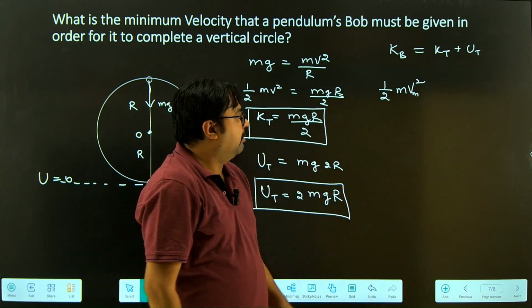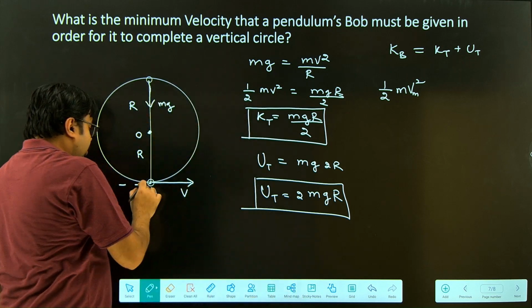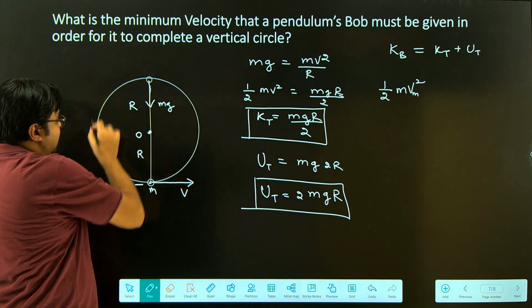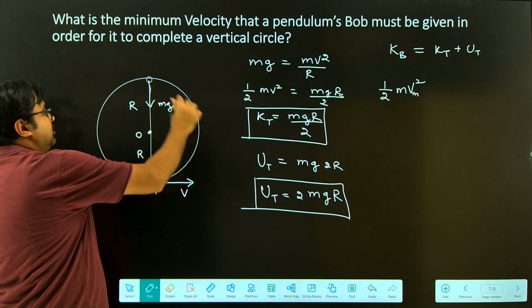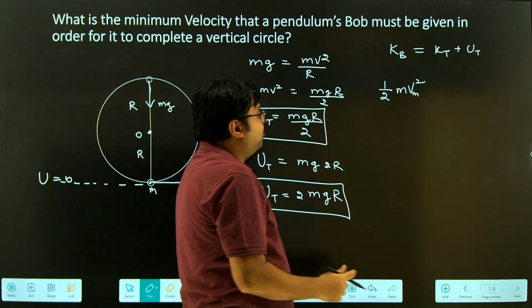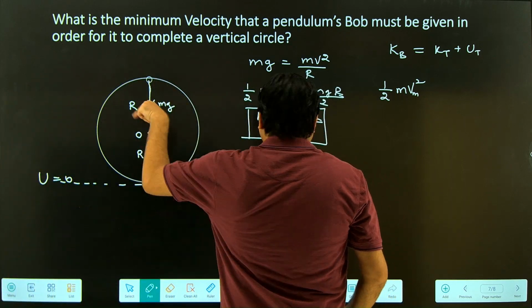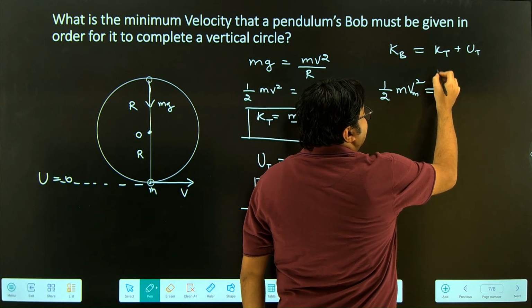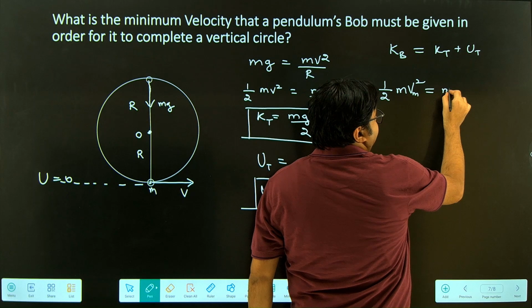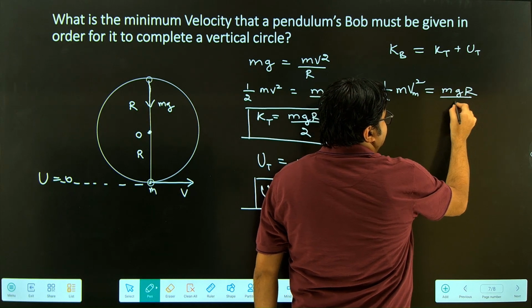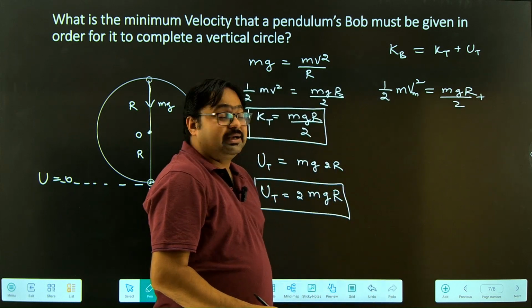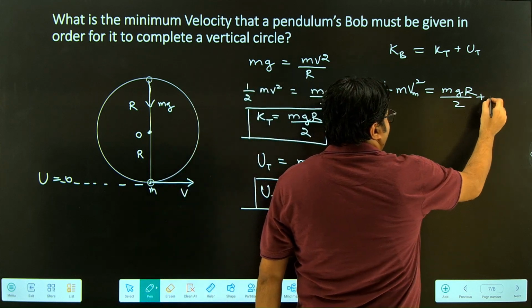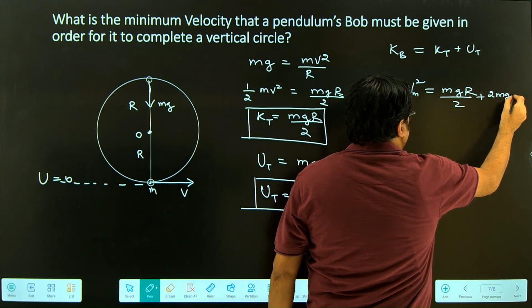Vm means v minimum, the minimum velocity which you give. If you give it so much, it would go up, just the opposite of what just happened, right? So the minimum velocity that it would have is equal to the kinetic energy at the top, mgr divided by 2, plus the potential energy at the top, which is 2 mgr.